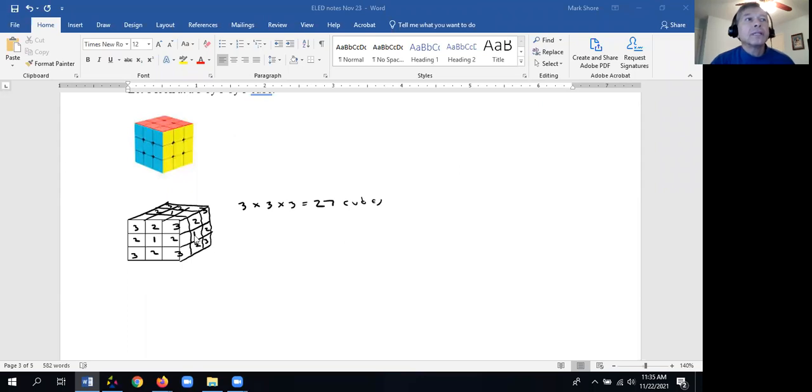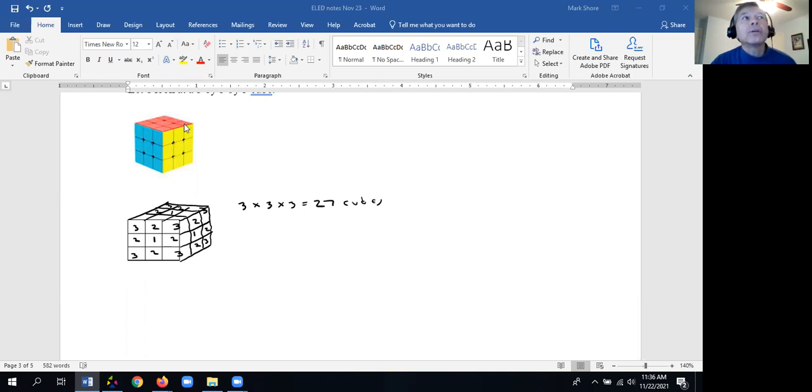Okay, so here is a picture of that in terms of the number of sides painted for each cube. We can see up here, the corner is red, blue, and yellow. This one has 3 sides painted, and this one up here has 3 sides painted. Every corner has 3 sides painted.